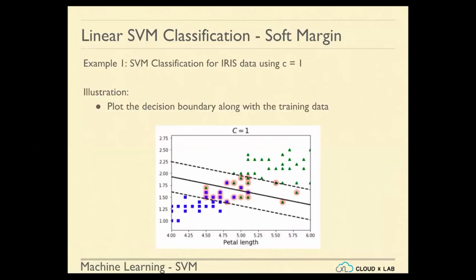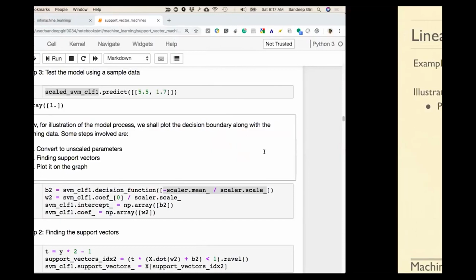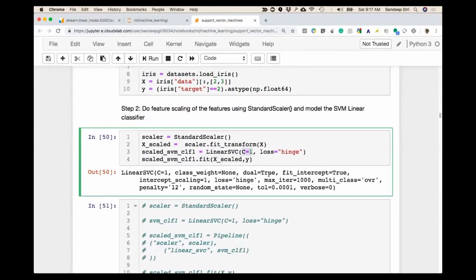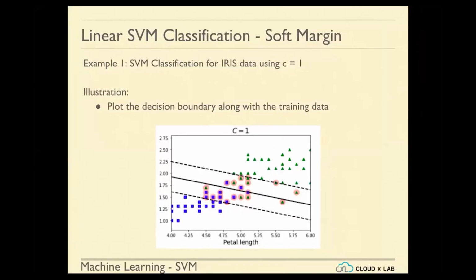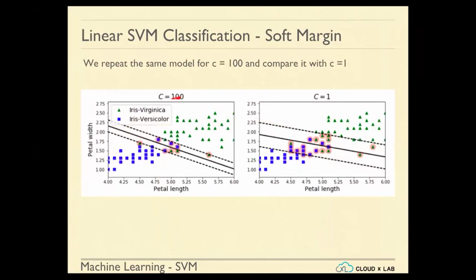We just want to demonstrate that if we use C equals 1 the way we have done it here, as this SVM comes into play, it gives us the decision boundary, this and this, and using that we can display it on the screen. And when the C is smaller, the street is bigger. When the C is bigger, the street is narrower. Right? You can see the difference.